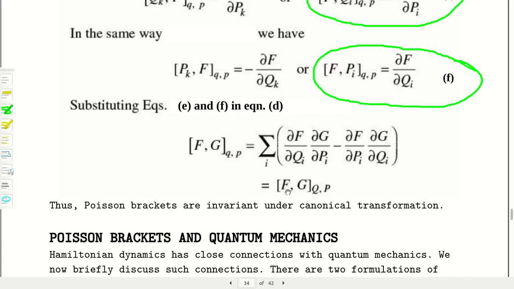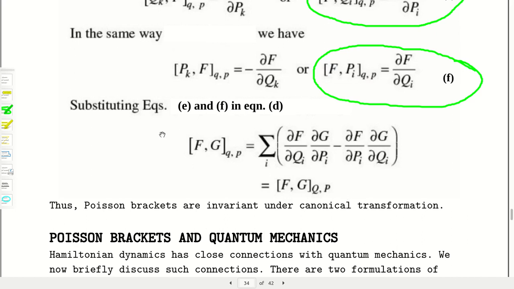It is not written here, but just remember from my lecture and put it in your class notes, that if you put capital Q in place of F and capital P in place of G, this will give you 1.